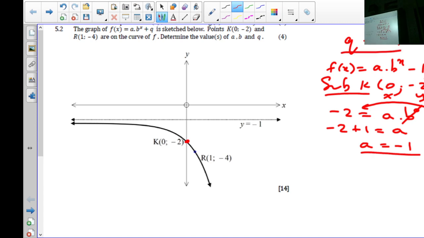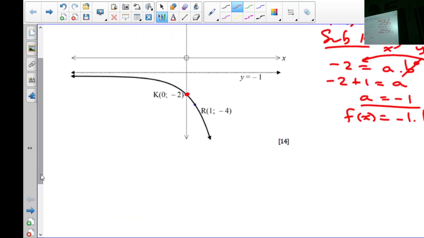Then they want you to calculate b. So my equation now reads f of x equals a, which is negative 1, times b, or I could have left the 1 out, to the x minus 1. Now to calculate your b value, I'm going to substitute the other point that's lying on the graph, which is r. So let's substitute r, which is 1 and negative 4. Again, this is an x and a y.